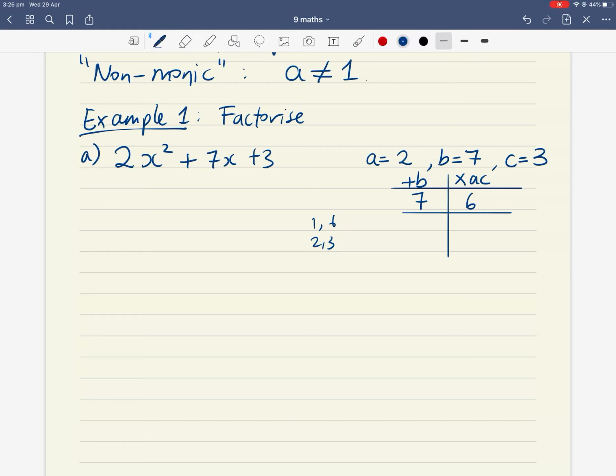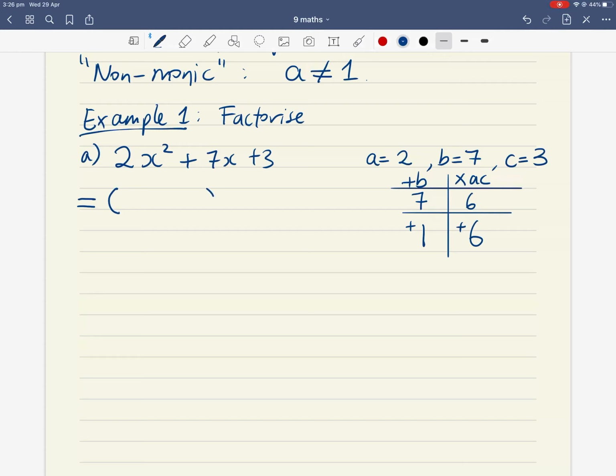Now, between these 2 combos, which combo would add to be 7? Well, 1 and 6 add to be 7. So my numbers of interest in my second row of my table would be 1 and 6. In fact, it will be positive 1 and positive 6, because positive times positive gives you a positive value, and positive 1 plus 6 gives you a positive 7.